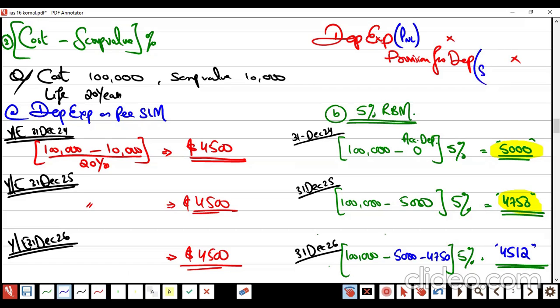Mm-hmm. And accumulated depreciation is going to be part of SFP, where it's going to be deducted from the cost of the non-current asset. Am I right? Yeah. Any problem? No.